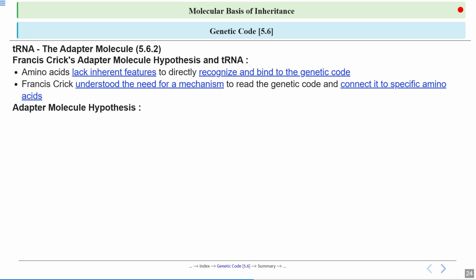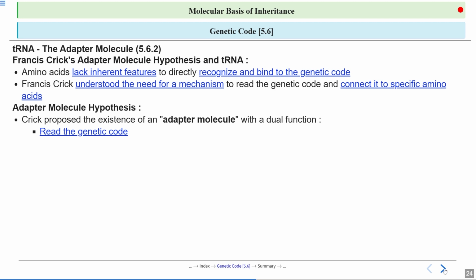So there is some mechanism in between that needed to be understood. He then gave this adapter molecule hypothesis. Crick proposed the existence of an adapter molecule with a dual function. So Crick proposed that there is an adapter molecule and it has two functions.